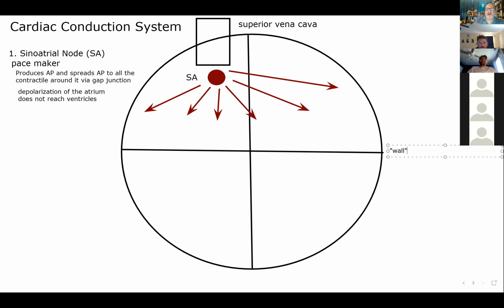Remember, we talked about how there is that fibrous skeleton. And we talked about how that fibrous skeleton is thicker in the area where the valves are. And so basically that fibrous skeleton stops the spread of the action potential from traveling from the atria to the ventricles.